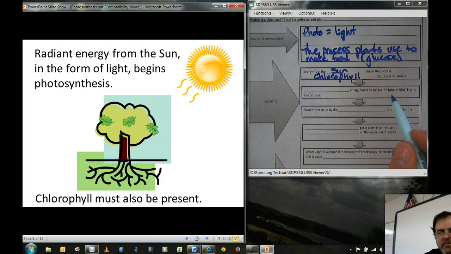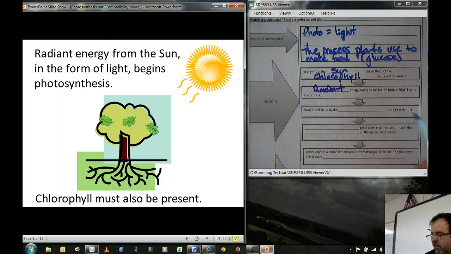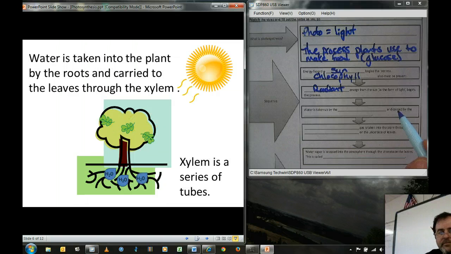So energy from the sun begins the process through what we call radiant energy. Radiant energy hits the leaves, and the leaves start to absorb the energy and turn it into chemical energy.